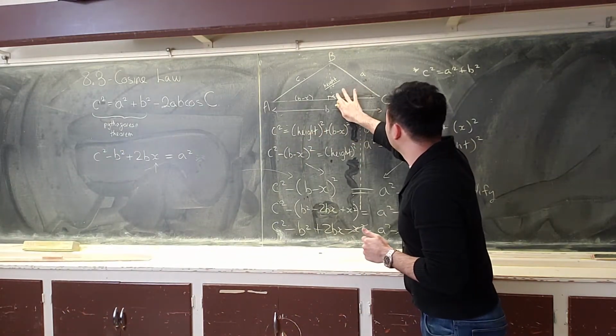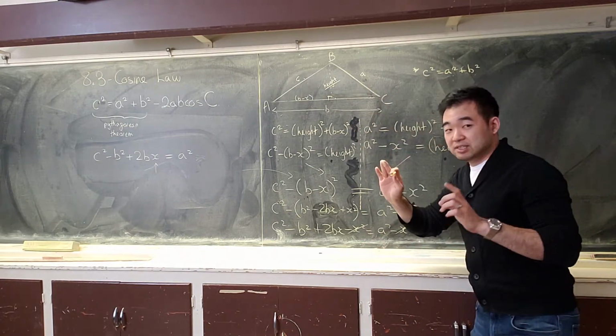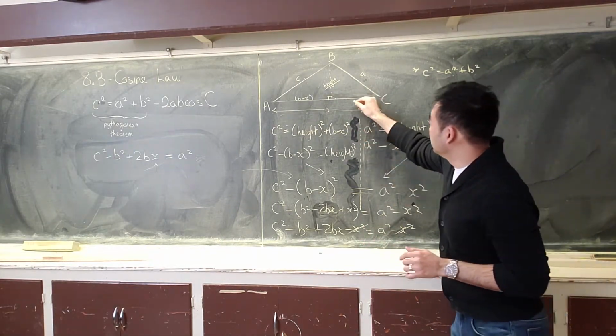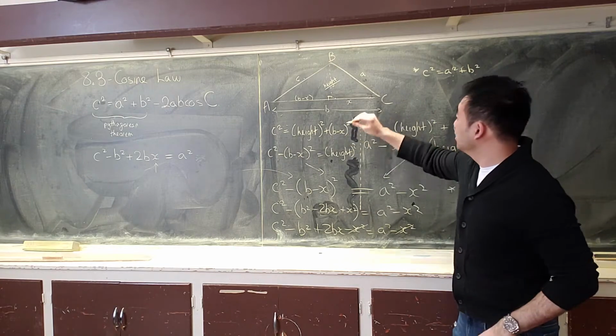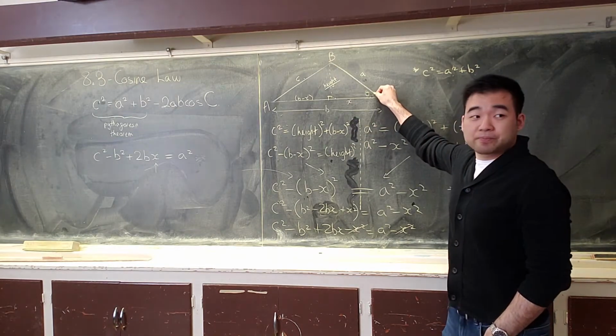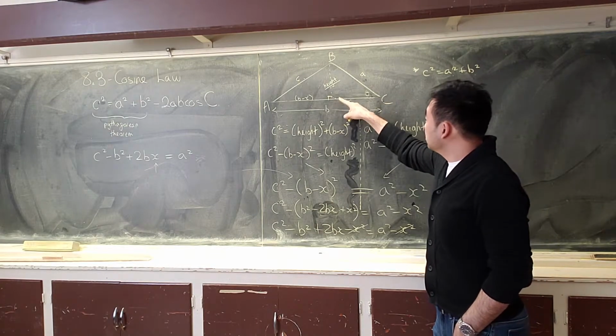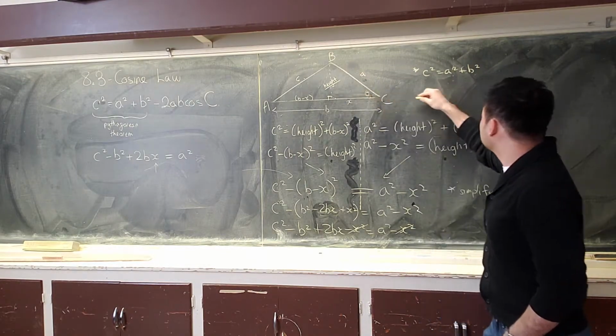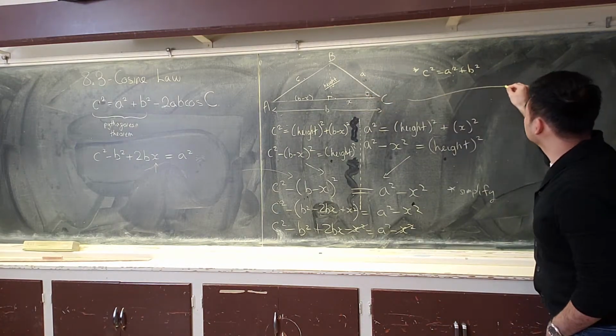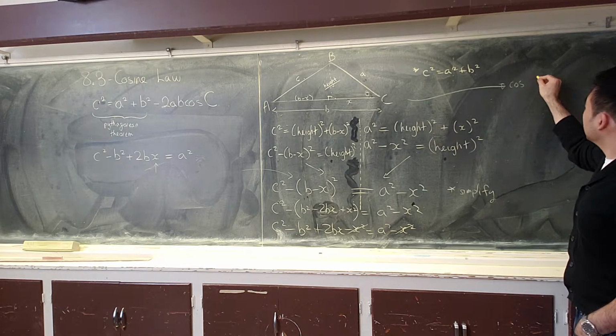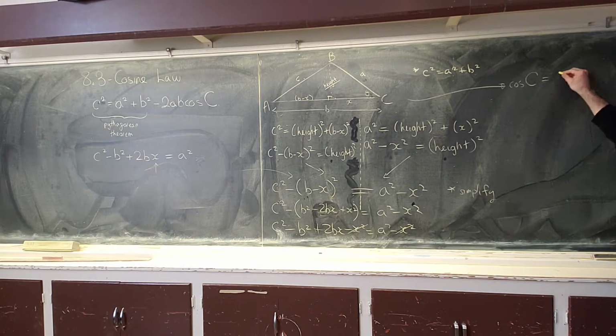So please be a little bit open-minded. This is my angle, angle C. Adjacent over hypotenuse. Wouldn't you say that cosine of the angle C is equal to adjacent over hypotenuse?